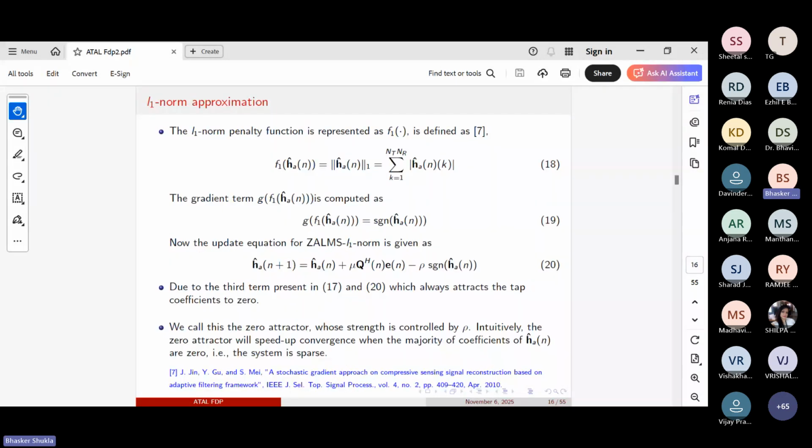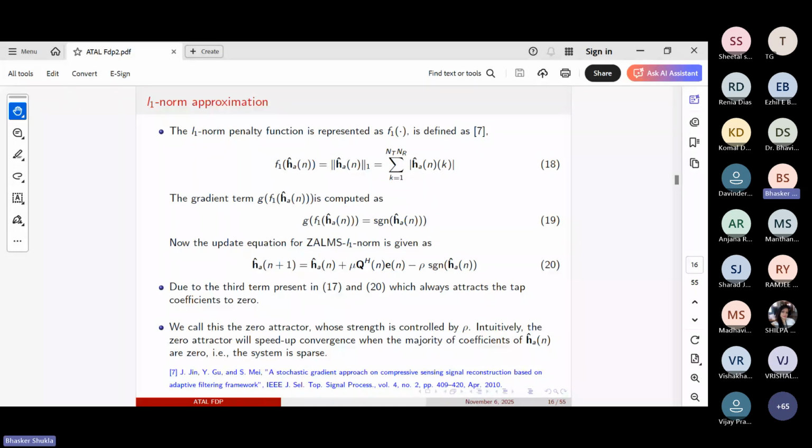The overall update equation has the term rho SGN of h, and as you know, the signum function is given by x upon mod x, so it is either 1 or minus 1.